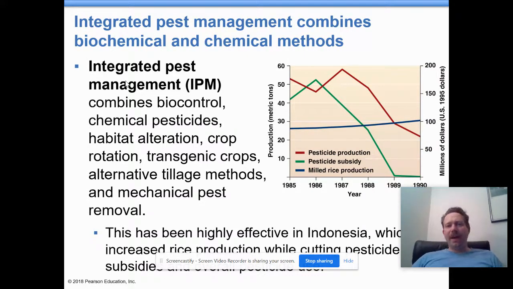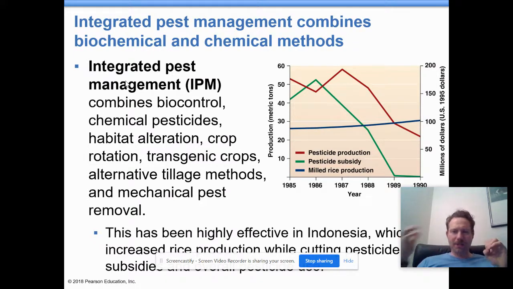So integrated pest management is kind of the new frontier, where you combine biological and chemical methods. You have chemical pesticides, biocontrol, habitat alteration, crop rotation, transgenic crops like BT corn and wheat, alternative tillage methods, and mechanical pest removal.